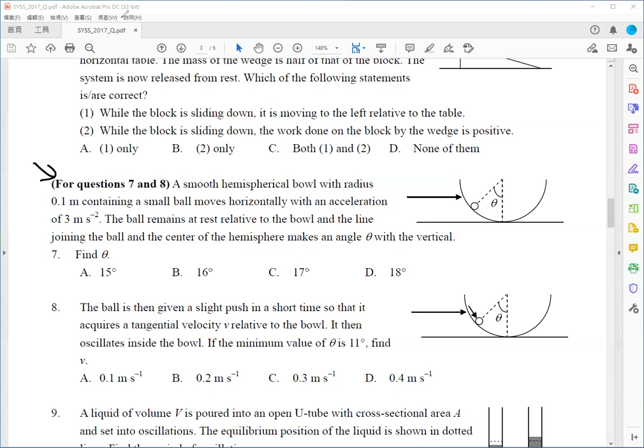Has anyone finished it? No? So have you finished it? If you have finished it, you vote for the answer.